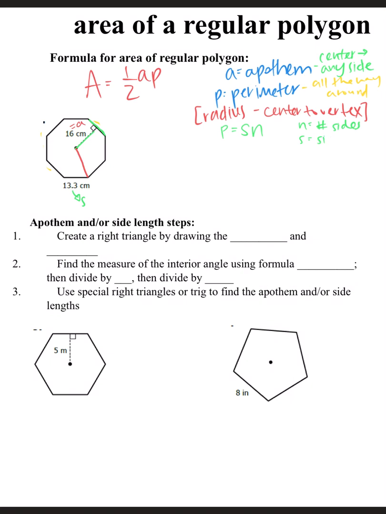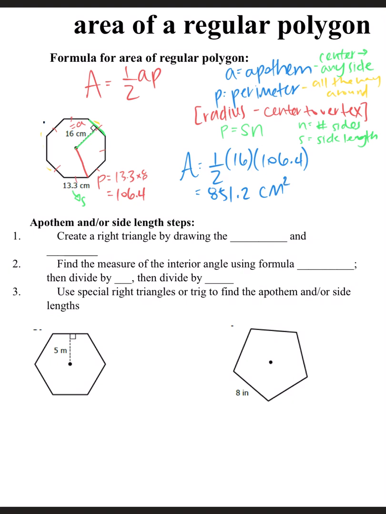So the perimeter here would be 13.3 times 8, and our perimeter is 106.4. Now I can find the area: 1/2 times 16 times 106.4 is 851.2, and that is centimeters squared.